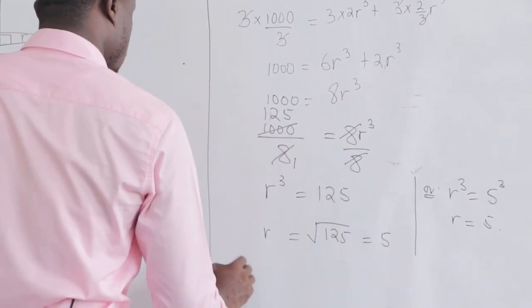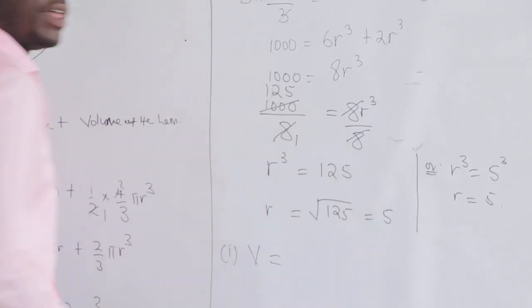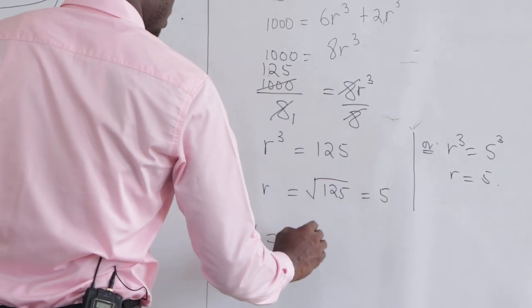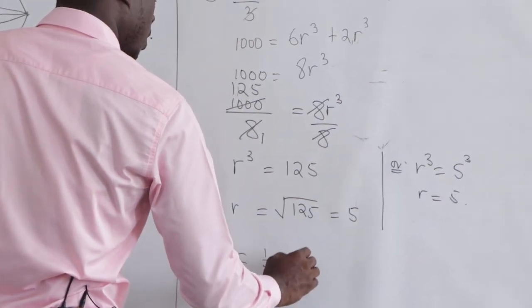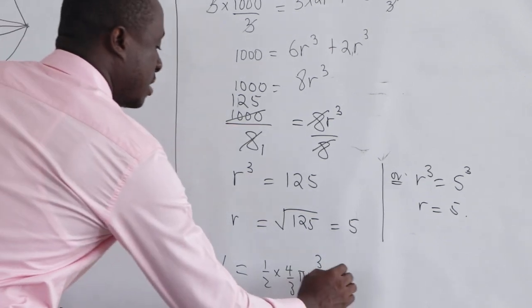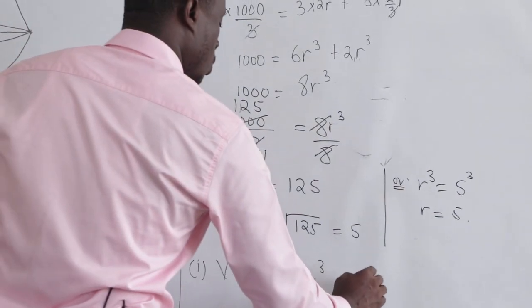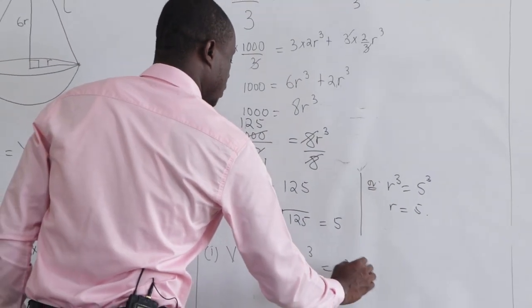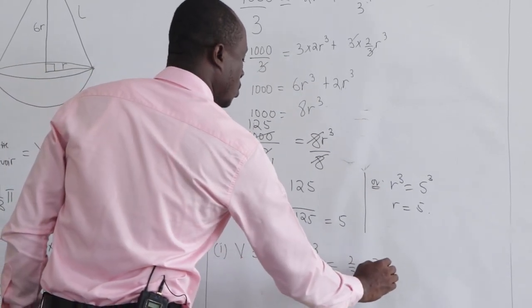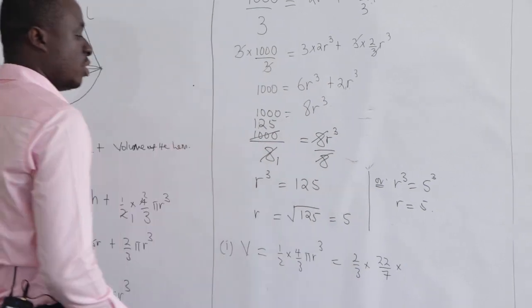Therefore, the question says that we should find the volume of the hemisphere. Now, the volume of the hemisphere is giving us half times 4 over 3 pi r to the power 3, and this is equal to 2 over 3. What is the pi? Pi is 22 over 7. We know the radius.